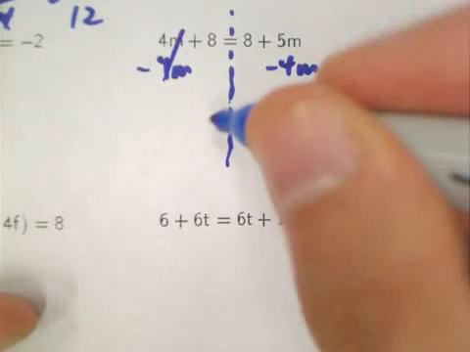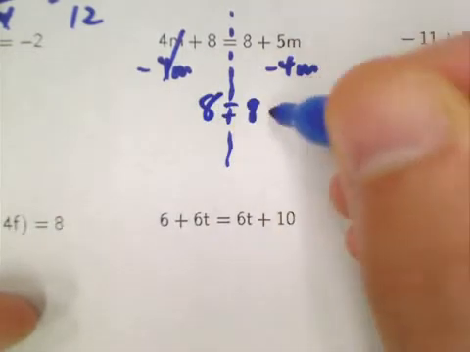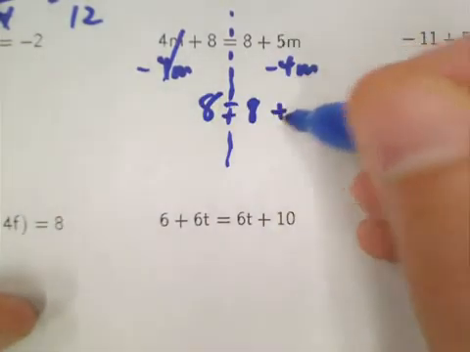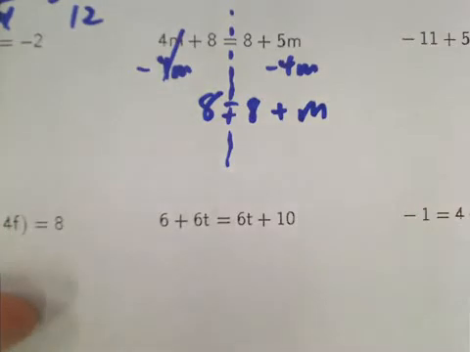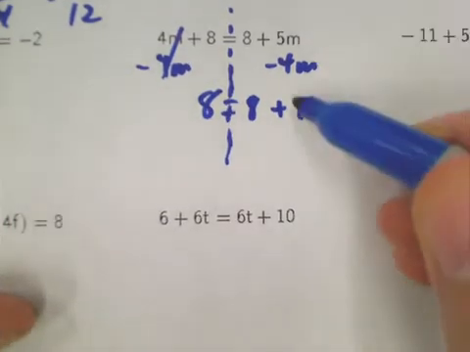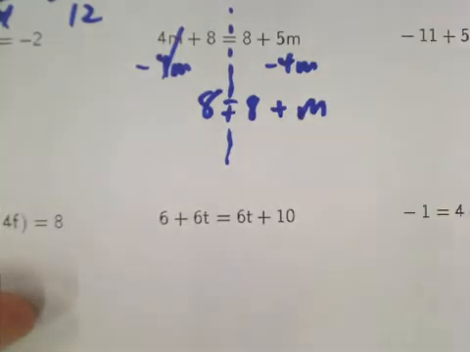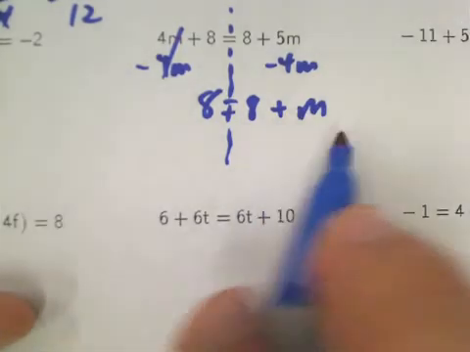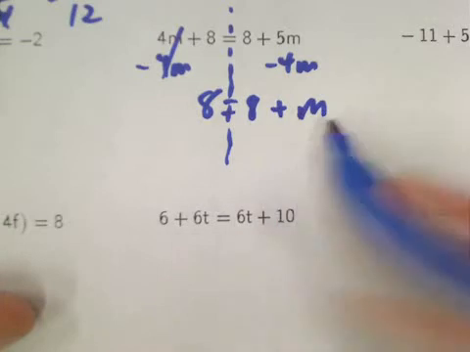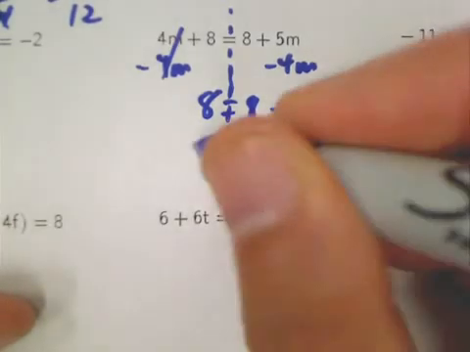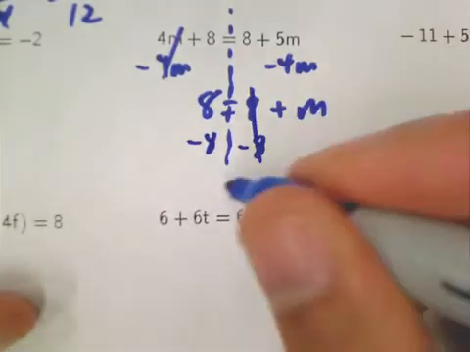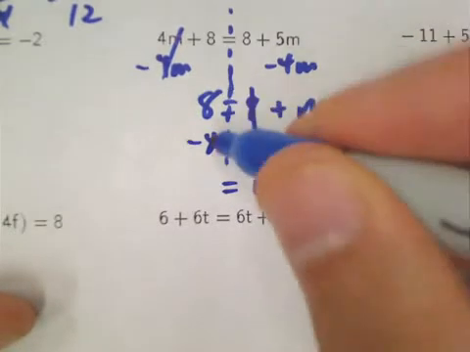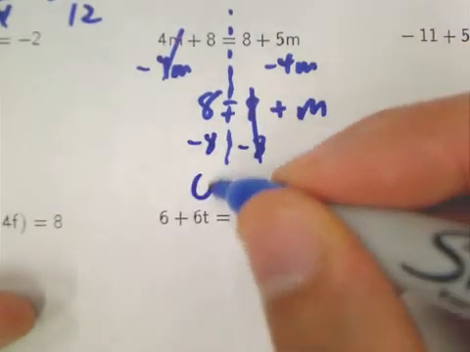And those will cancel out. I get 8 equals 8. 5 minus 4 is 1. So just plus m. I don't need to do anything else. Just plus m. Okay, because 5 minus 4 is 1. You don't need to write the 1 there. So I have 8 plus m. I'm going to subtract the 8. That'll give me m by itself. The goal is to just know what m is. And 8 minus 8 is 0.